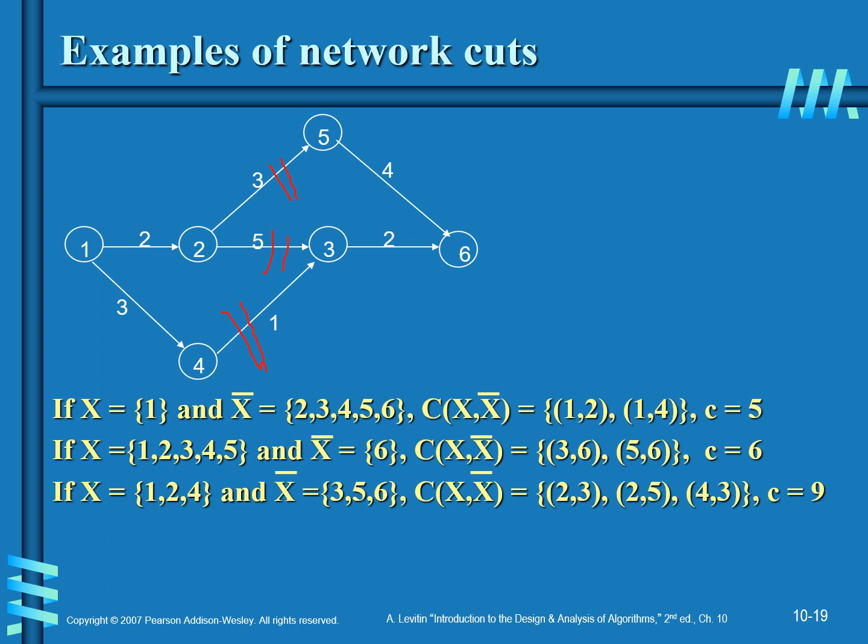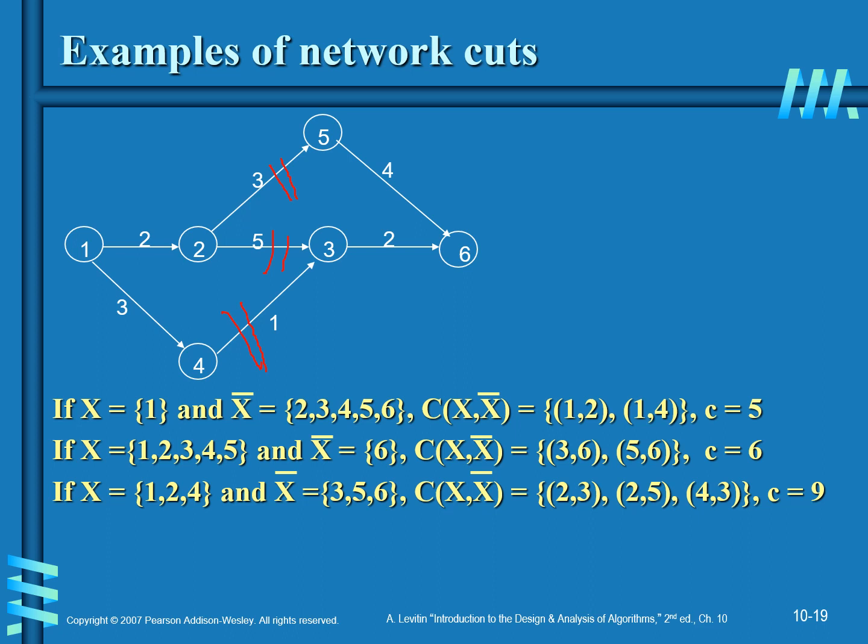But if you remove all three edges together, there won't be any path from source to sink. So another cut is (2,3), (2,5), (4,3). You add all these capacities: 3 plus 5 plus 1 is 9.